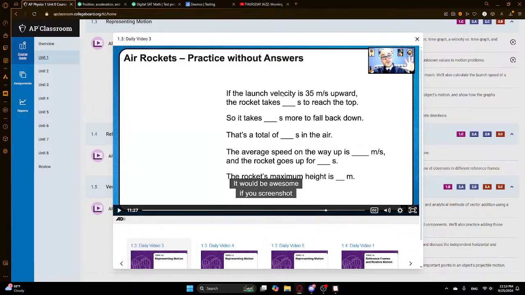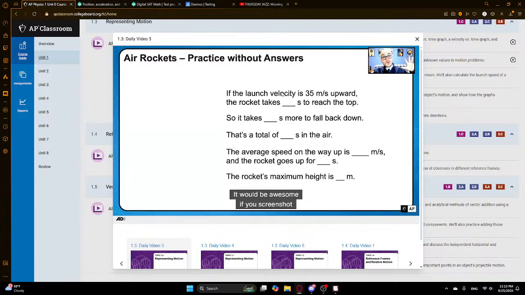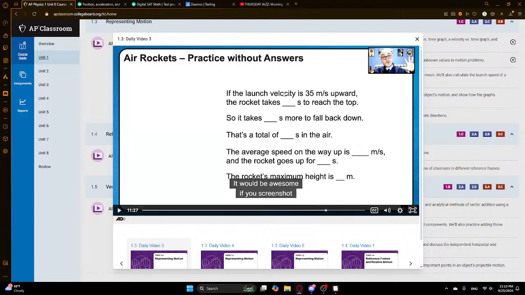So the first blank is going to be 3.5 s. The second blank is going to be 3.5 to come down. Total is going to be 7 seconds. Average rocket speed on the way up is... wait, what about this?